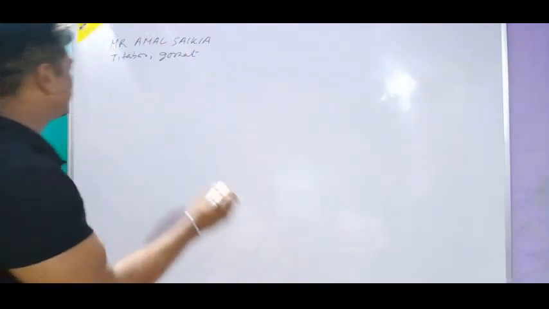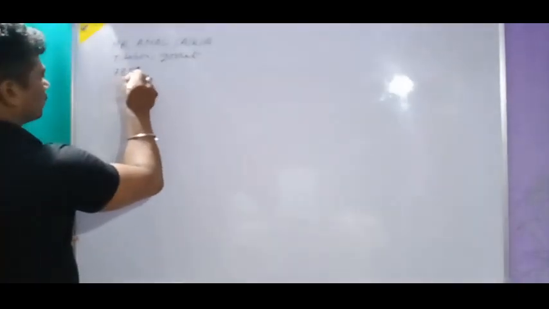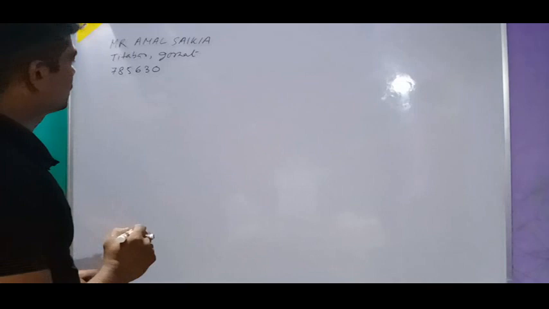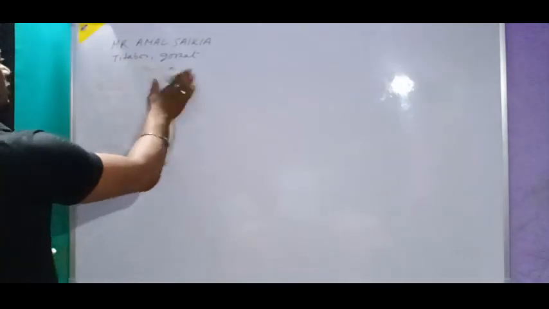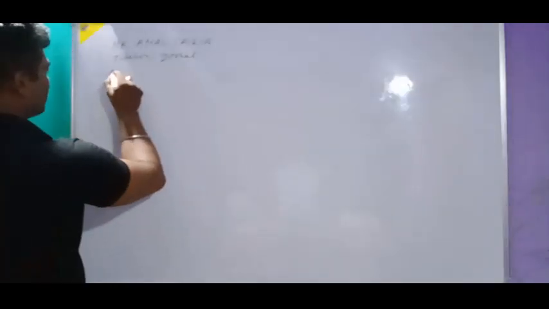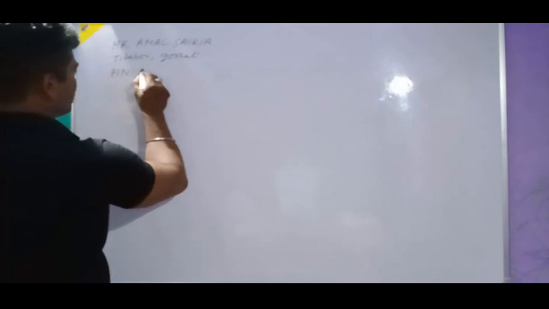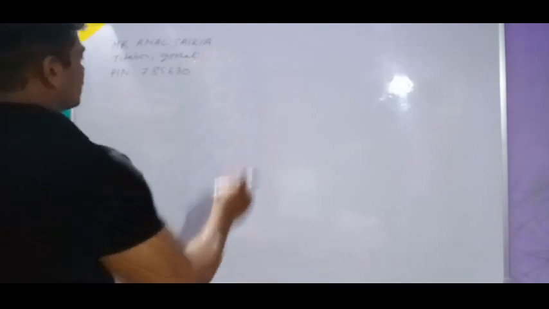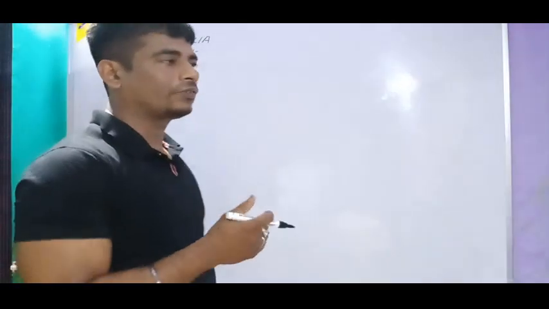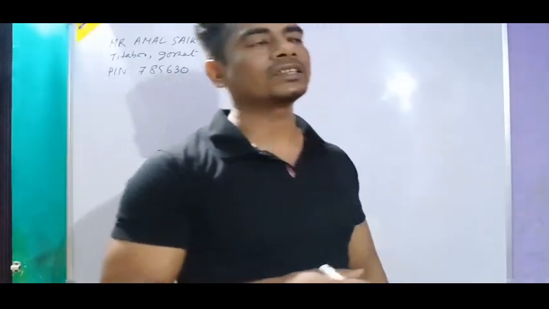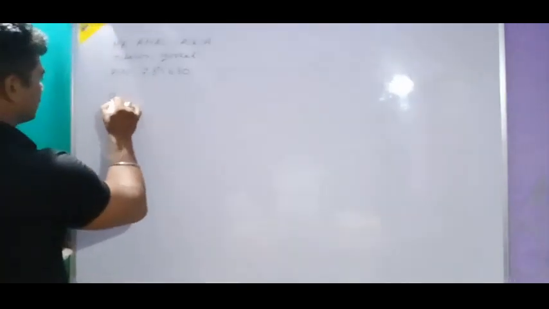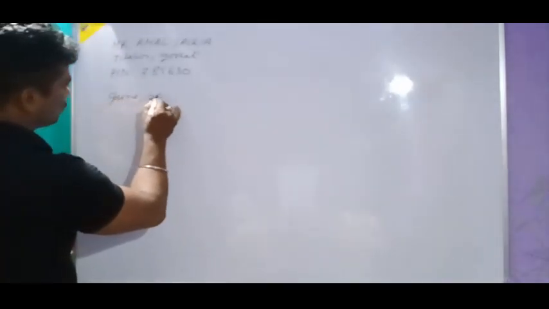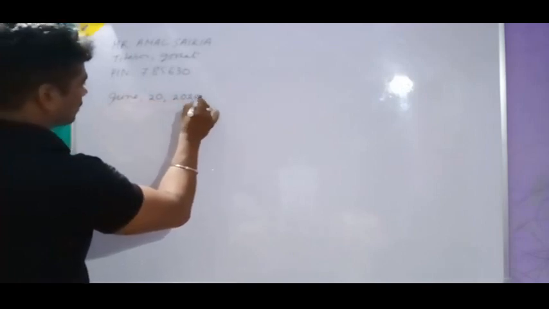Or you can write a pin also. Or better, write the word PIN, P-I-N, otherwise it will create some confusion. Now the date. The marriage was on 15 July. That's why you are sending this on, suppose, 20 June. You can write like this: June 20, and year also, 2020.